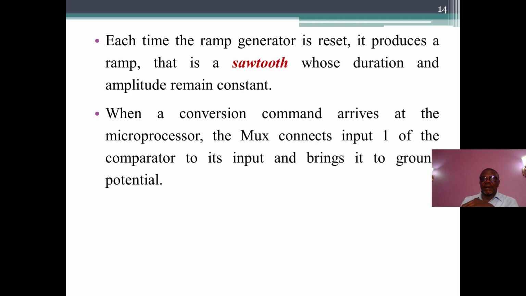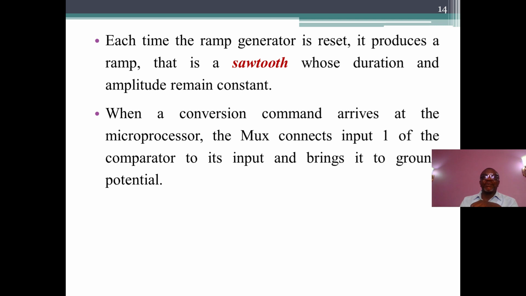I guess that by this time in your studies, you must have met sawtooth waveforms, sinusoidal waveforms, square waveforms, and other forms of waveforms.